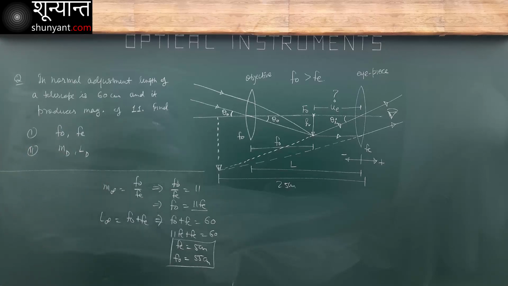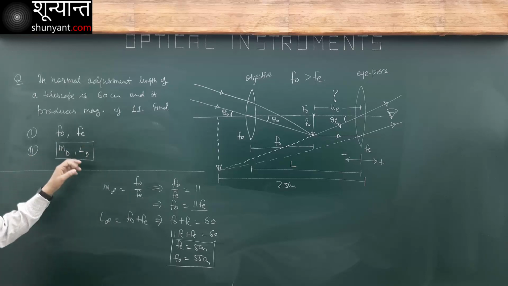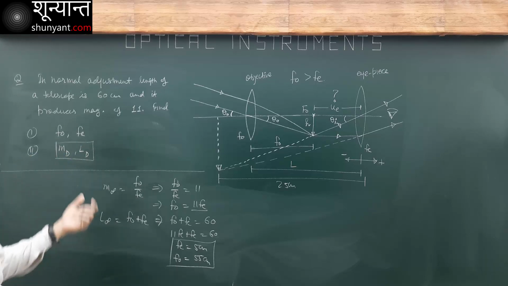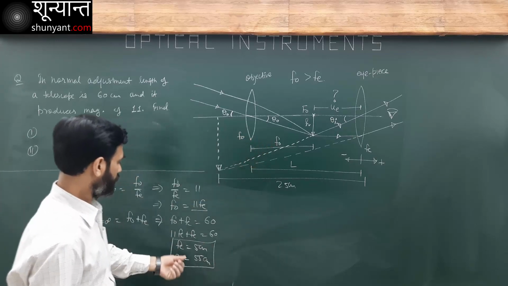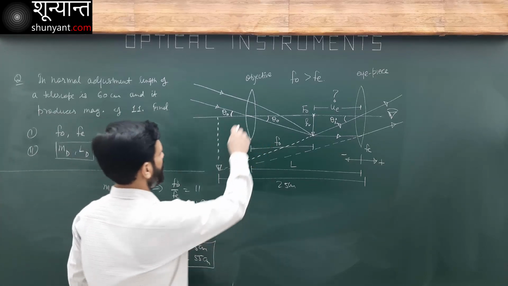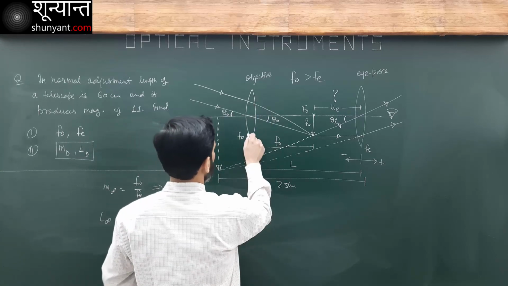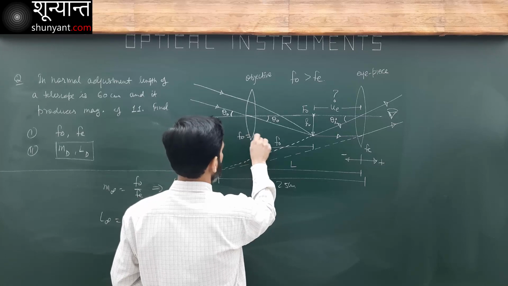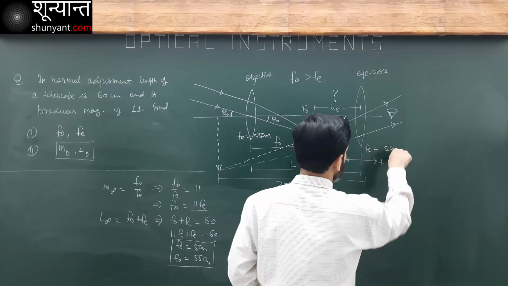Okay. Now, what will be the magnification in near point adjustment and what will be the length? Okay, so this is given, 5 centimeter. This is 55 centimeter. Okay. FO is 55 centimeter. FE is 5 centimeter.